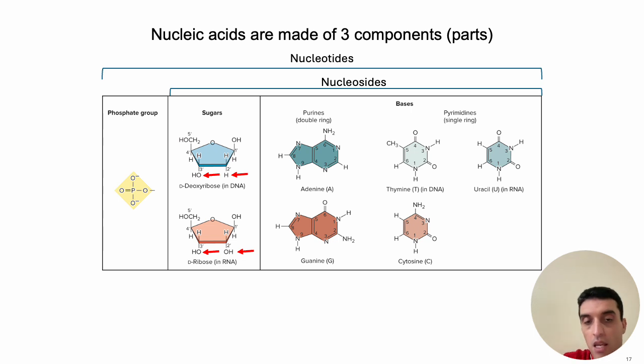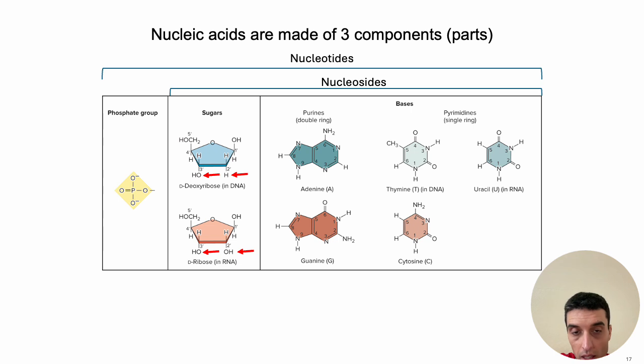And as we can see here in the arrows, we already have our first big difference between a DNA and an RNA. The DNA is missing an oxygen here in the second bond. So it gets its name, deoxyribose; deoxy means without an oxygen. Ribose means this formation, this is a ribose.